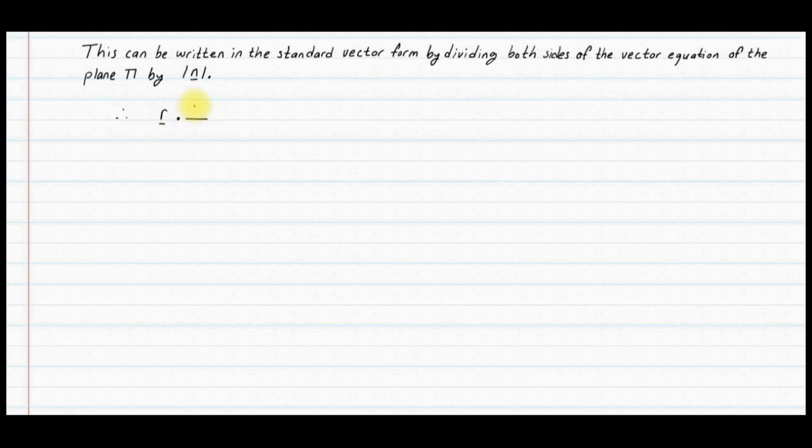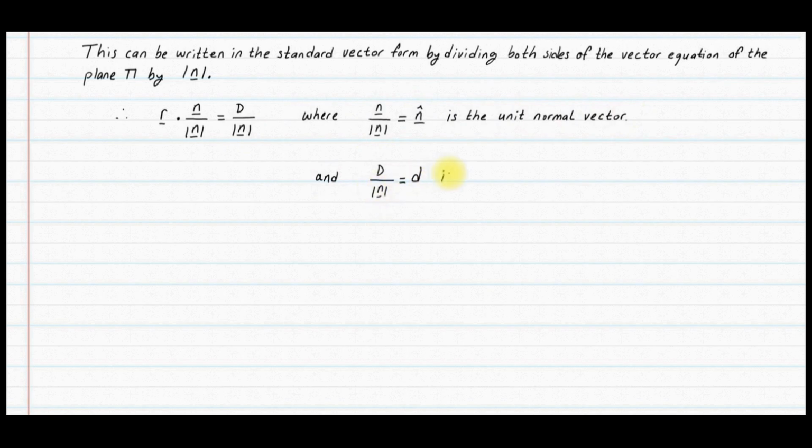Therefore, the scalar product of the vector r and the normal vector n divided by its own absolute value is equal to D divided by the absolute value of the normal vector, where the unit vector n hat is equal to the normal vector divided by its own absolute value, and the lowercase d is equal to the uppercase D divided by the absolute value of the normal vector. The lowercase d gives the perpendicular distance from the plane pi to the origin.